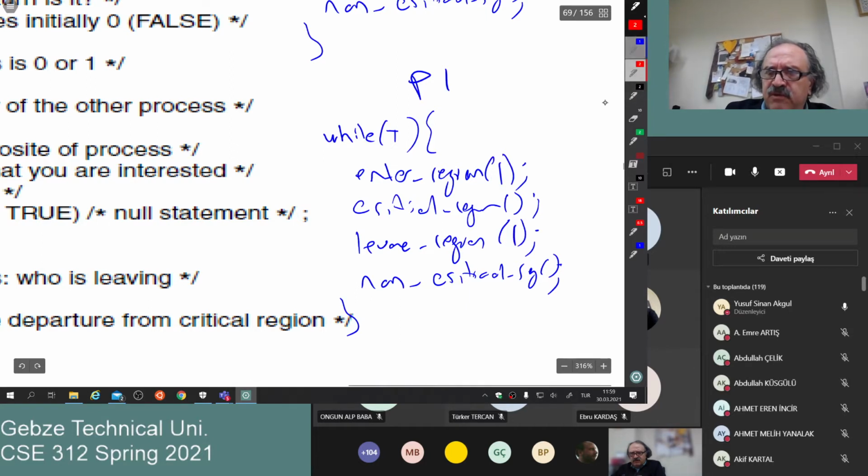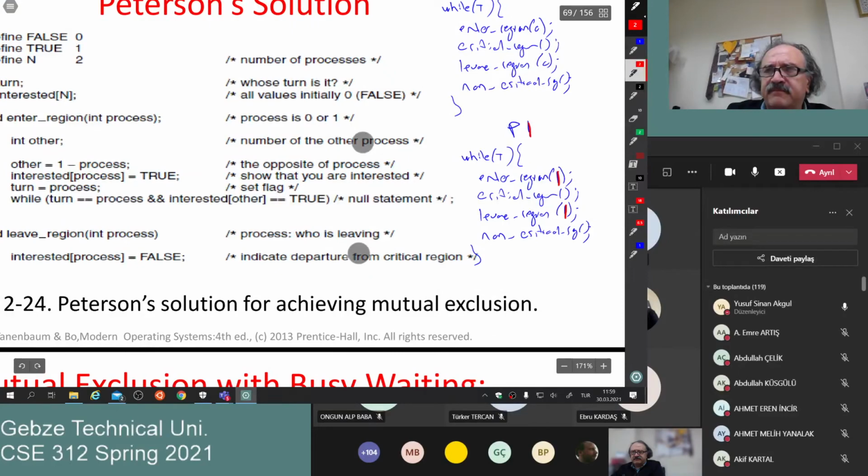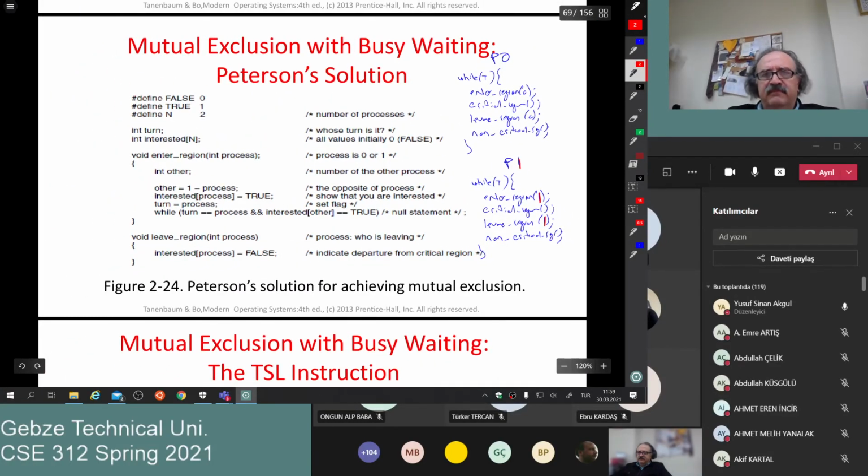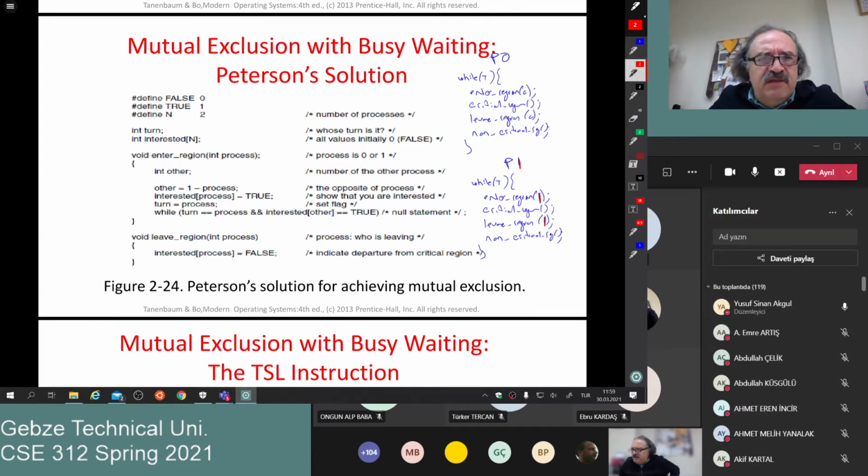Why don't I use the red color so that you will see the difference? Okay, so it is very similar to the strict alternation code, but we are not talking about the turns here.